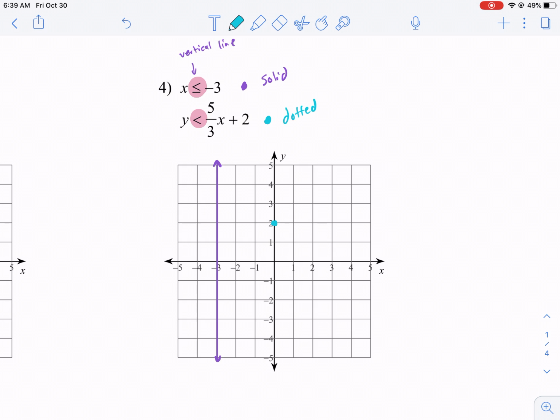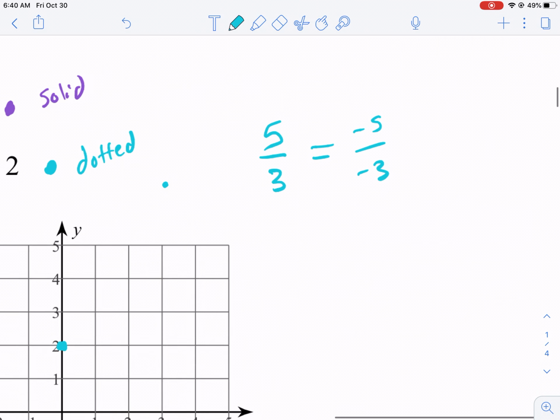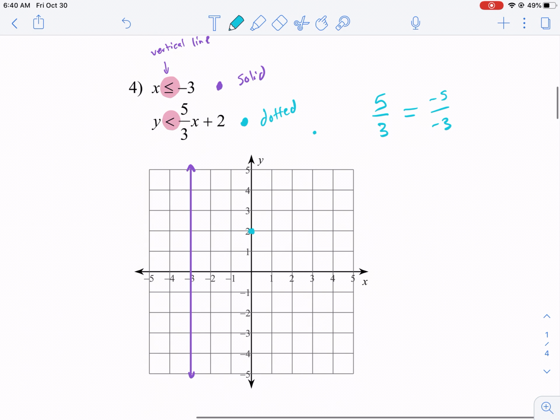Okay, if you see I go up 5 and over 3, I end up off the graph, so you can go in reverse. Remember, this is equal to this. Those are equivalent because negative divided by negative is a positive. So we can go down 5, 1, 2, 3, 4, 5, and I can go over 3, 1, 2, 3, and I'll end up in the same spot, or I'll end up on the same line, I should say.